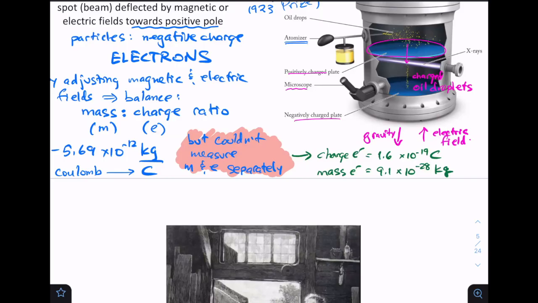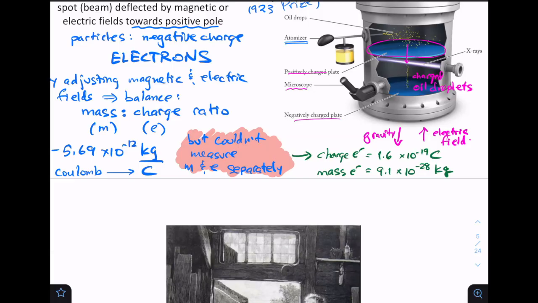That's really, really tiny. But it does have a mass. In the context of the whole atom, and again, you got this from the video, the mass of the electron is so small relative to the mass of the protons and neutrons that it's pretty negligible. We don't even consider it, but it does have a mass, which is really, really, really small.